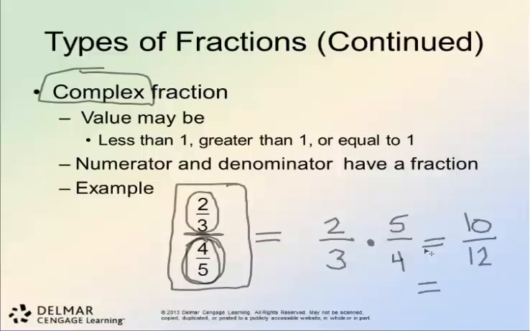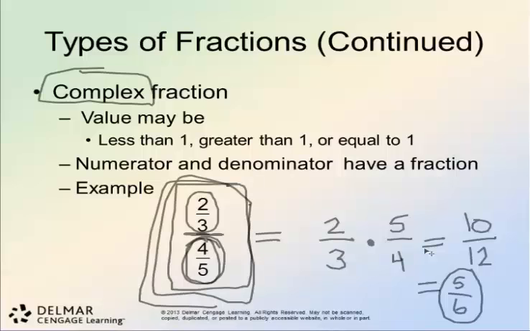And we always can reduce by dividing out a common factor. 10 and 12 both share a common factor of 2. So dividing the numerator and the denominator by a 2 will give us 5/6, which in this case is a proper fraction. So we started with a complex fraction, but we generally do not want to leave our answer as a complex fraction. So we simplified it, and now we have a proper fraction.